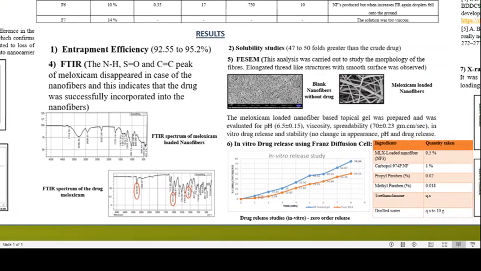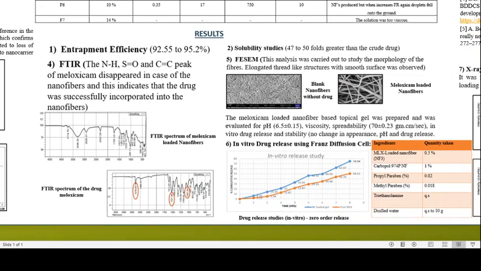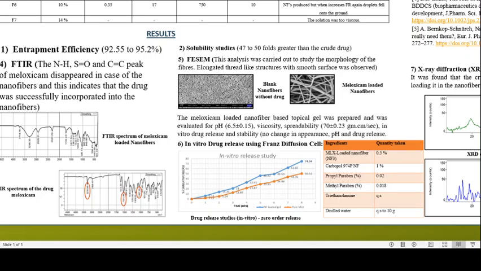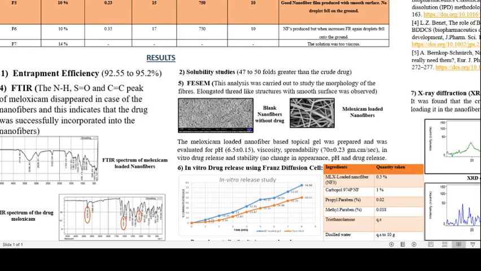Then after formulating the meloxicam loaded nanofibers into a gel, it was evaluated for its pH, viscosity, spreadability, and also for its drug release properties. First, the pH was found to be 6.5 plus or minus 0.15, which is quite in the acidic range, equivalent to the pH of the skin.